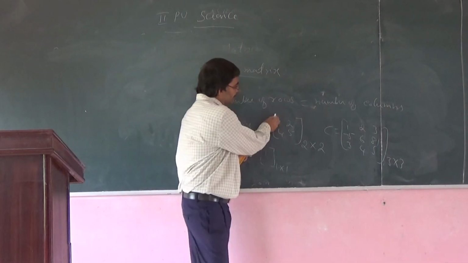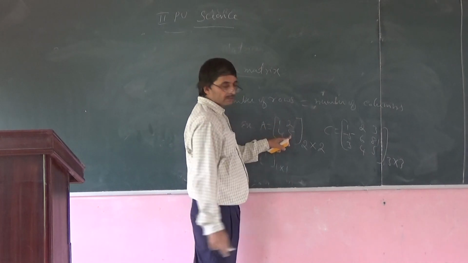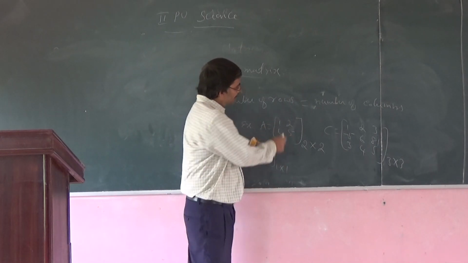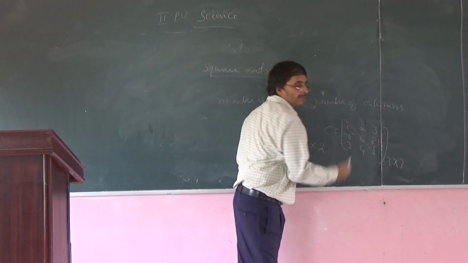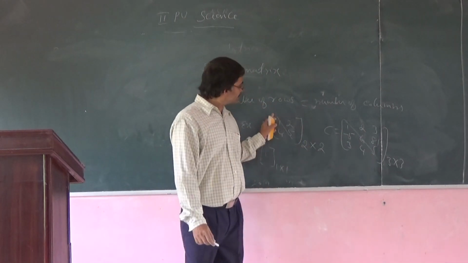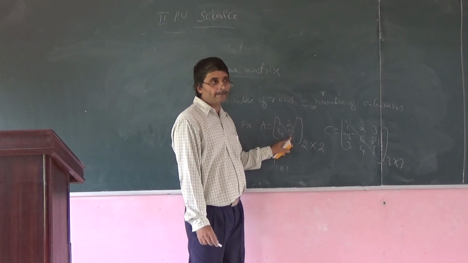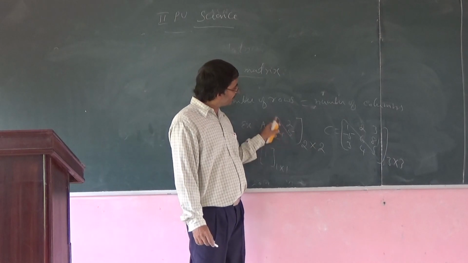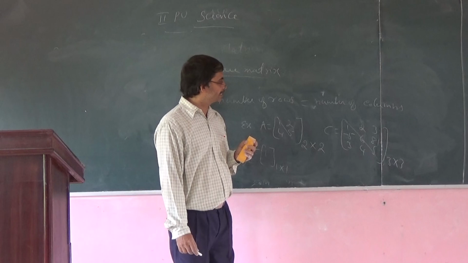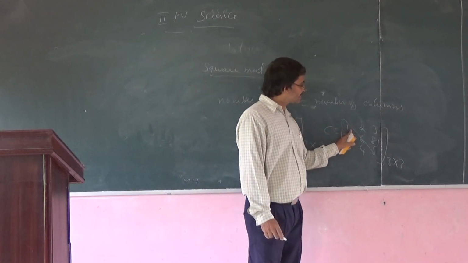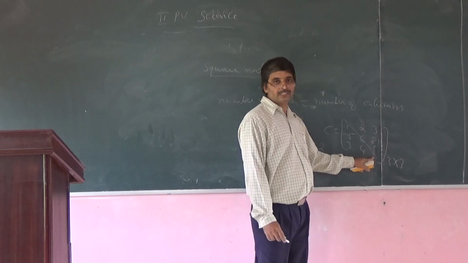Now consider the elements from top left to bottom right here. These elements 1 and 5, or 1, 6, 5 in this example. This line is called the diagonal or main diagonal. So we call them the diagonal elements. 1 and 5 are diagonal elements, or main diagonal elements. Similarly, here in this example, 1, 6, 5 are main diagonal elements.